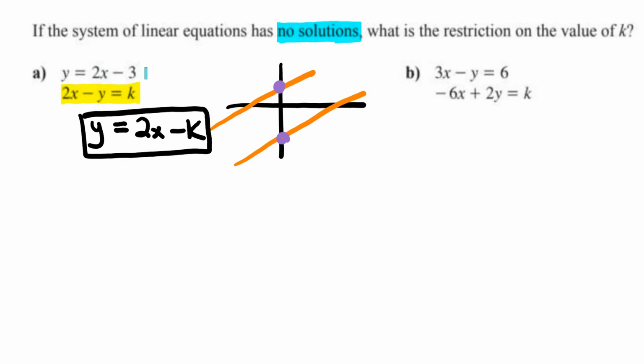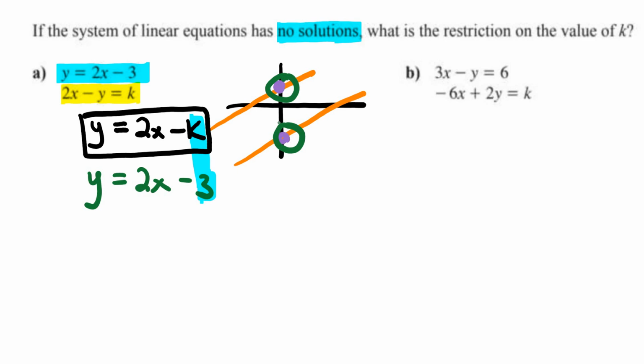Then I put my first equation underneath: y equals 2x minus 3. Now if you want no solutions, the key thing is the y-intercepts, the k and the 3 here. These have to be different, because as you can see, this and this are different.